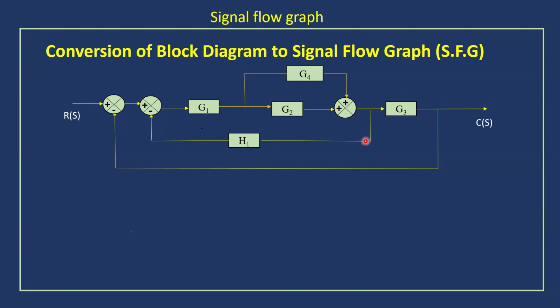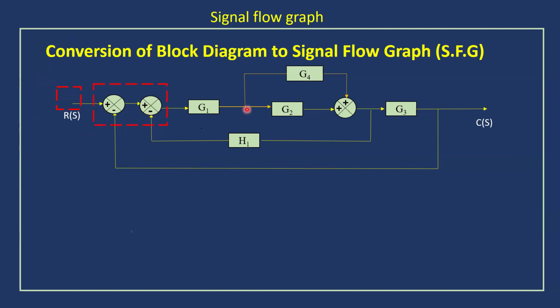Now, we will convert this block diagram to signal flow graph. R of S, the input, should be represented by a single node. And next, two summing points are nearby each other. In between, no block is there. So we can combine this and represent that as a single node.